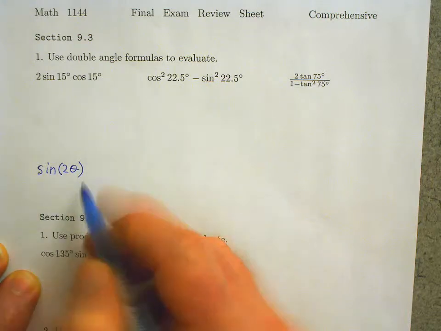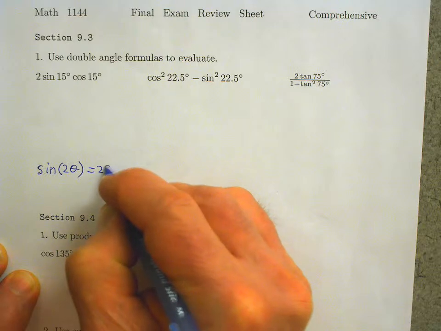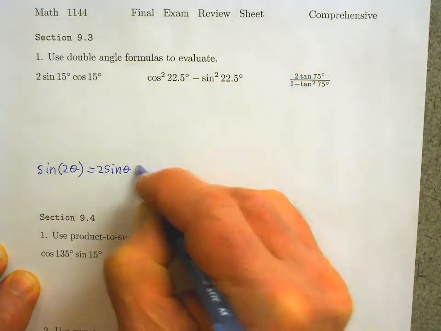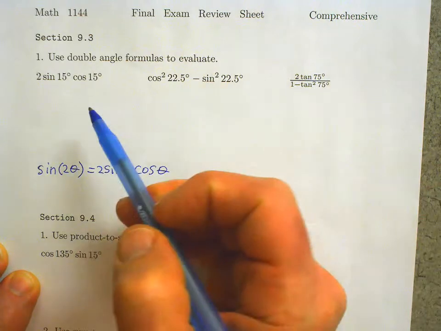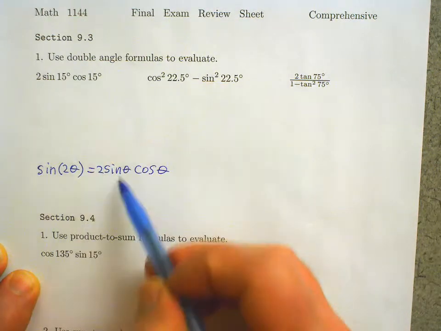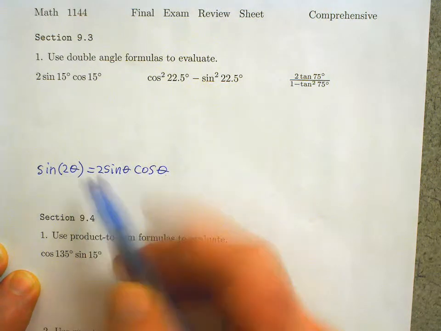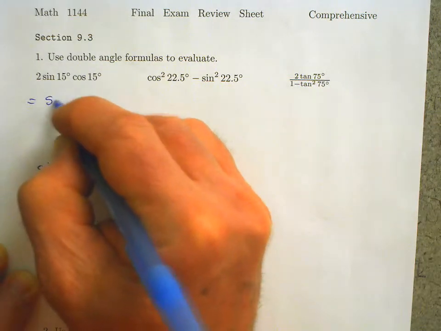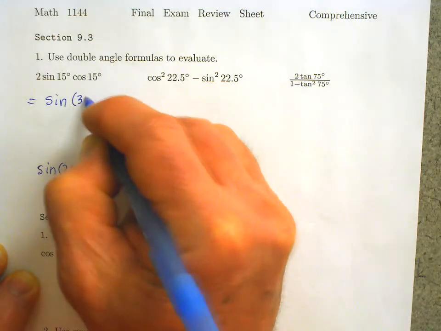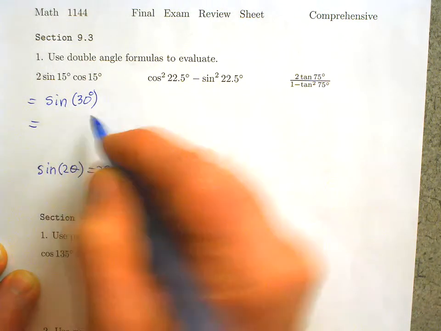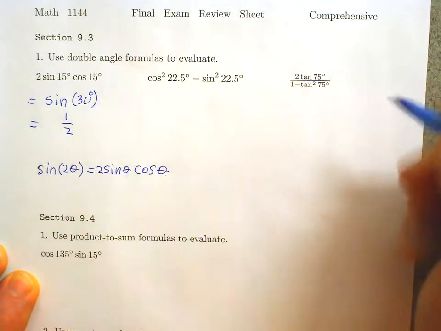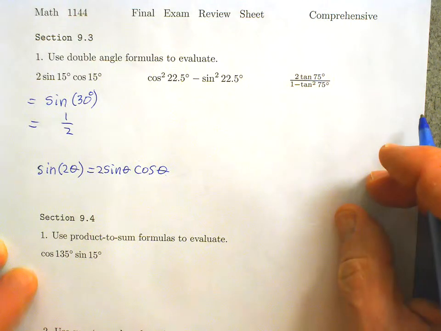Sine of 2 theta is 2 times sine of theta times cosine theta. So if theta is 15 degrees, then 2 theta is 30, and this is just sine of 30 degrees. And that's a special angle. Sine of 30 degrees is 1/2. Okay, so that wasn't too bad.